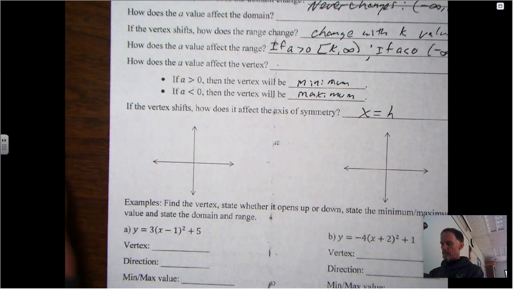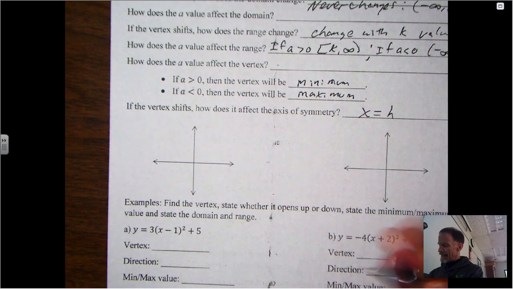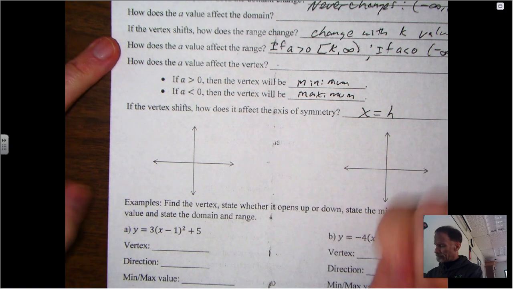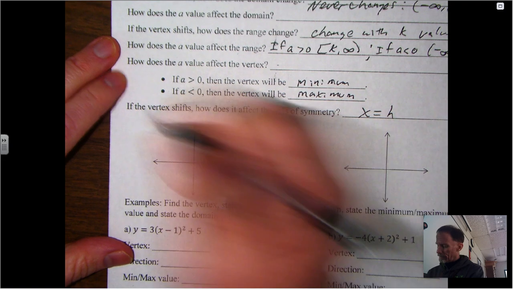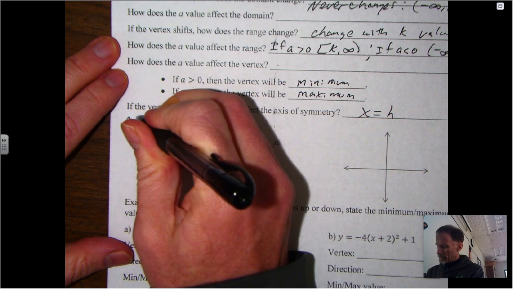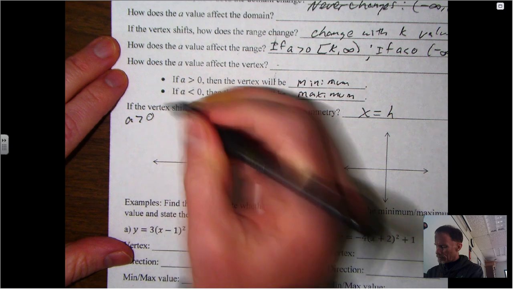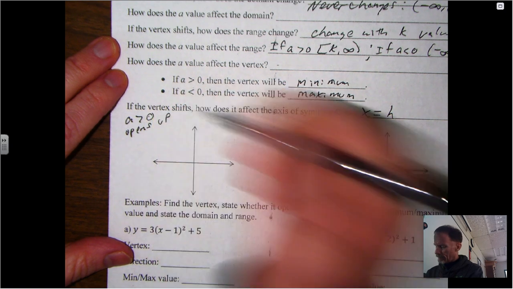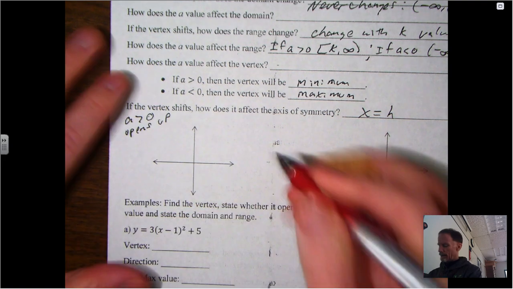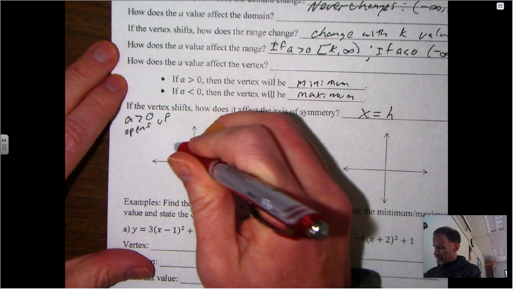So I'm going to draw a couple of examples. Let's say a is greater than 0. So let's say a is positive, so it's going to open up. I'm just going to make one up, doesn't matter. Let's say it kind of looks like this.